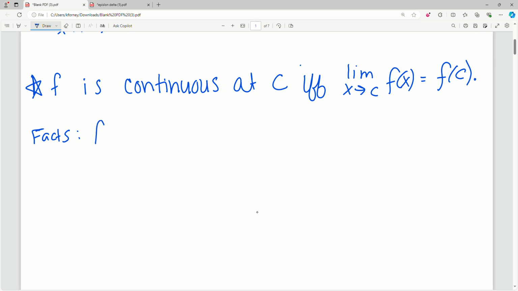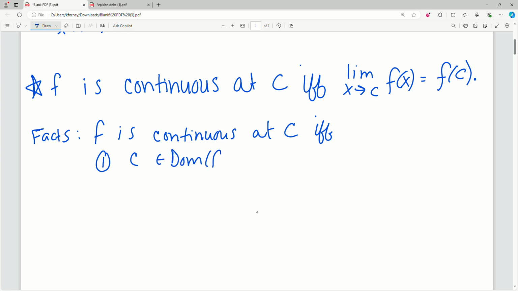So, f is continuous at c if and only if, one, c is in the domain. The domain is our set of x values, our horizontal values.